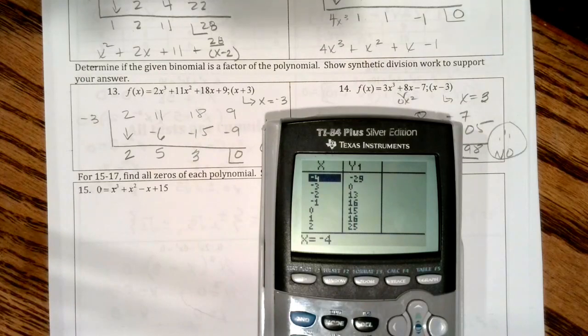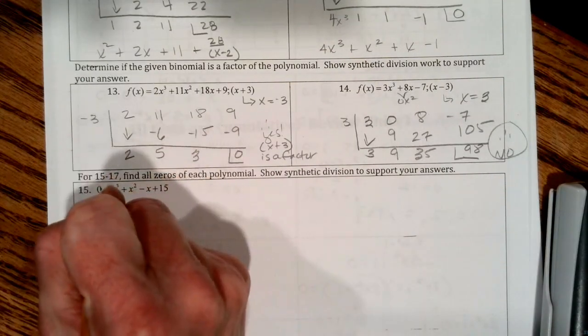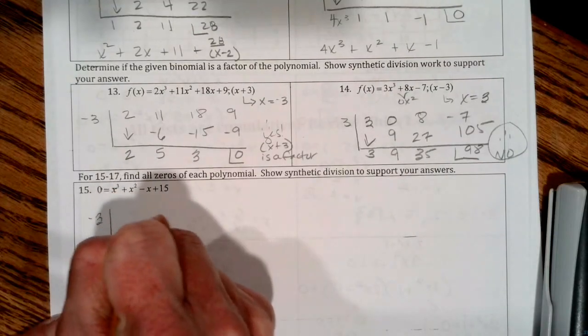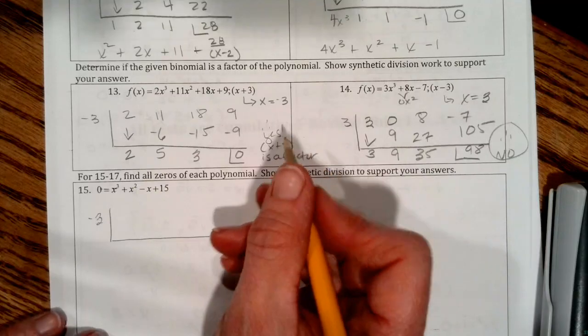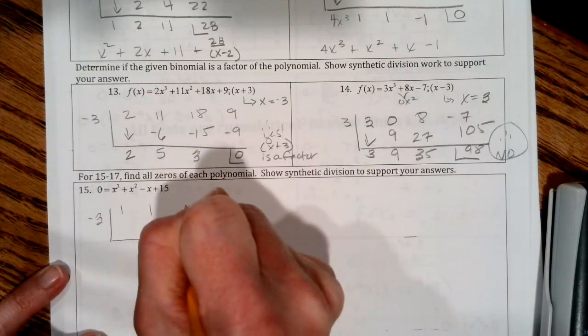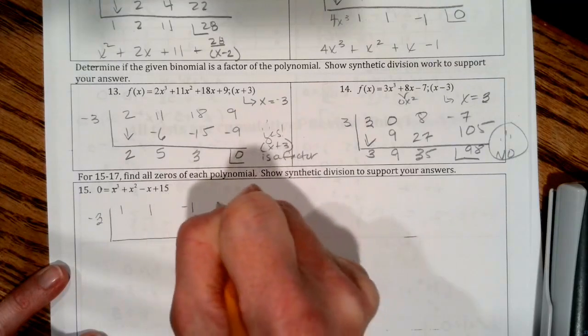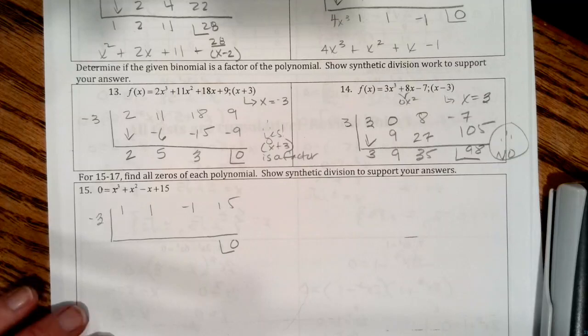Okay, so now that I know that -3 is a 0, I'll go ahead and put -3 in. Remember, if -3 is a 0, that means +3 is a factor. Okay, here's my cubic, quadratic, linear, and constant terms. Now remember, I'm hoping for a 0 here.